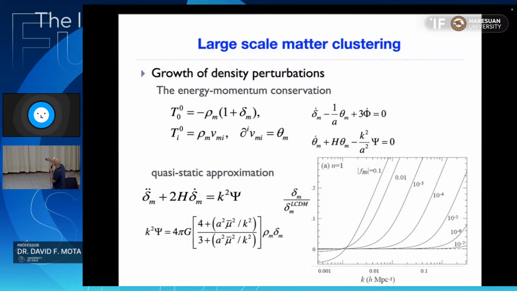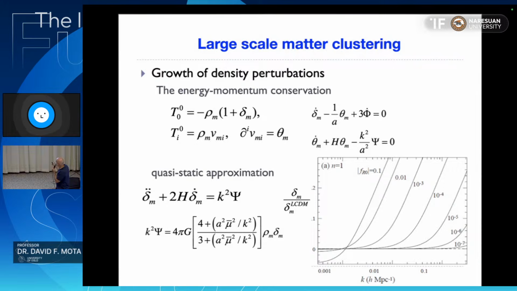That's because the deviation from lambda CDM is almost non-existent. I told you that when this f_R0 is a very small number, basically this theory recovers general relativity very quickly, with exception to the smaller scales. That's why here there's a small deviation from lambda CDM at smaller scales.